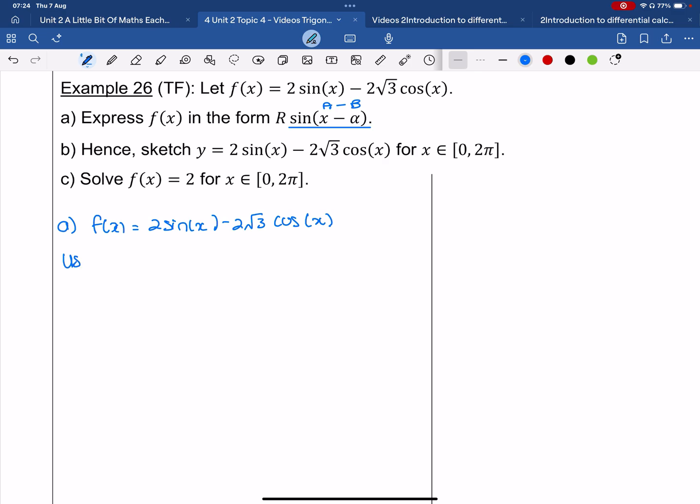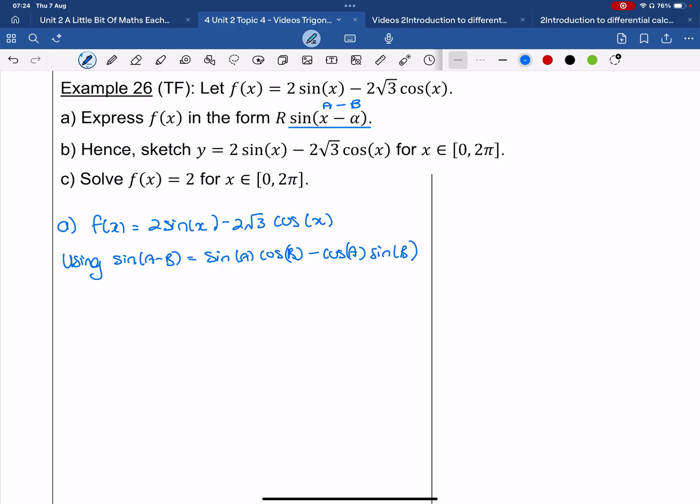So let's try that. Using sine of a minus b is equal to sine a cos b minus cos a sine b. Okay.